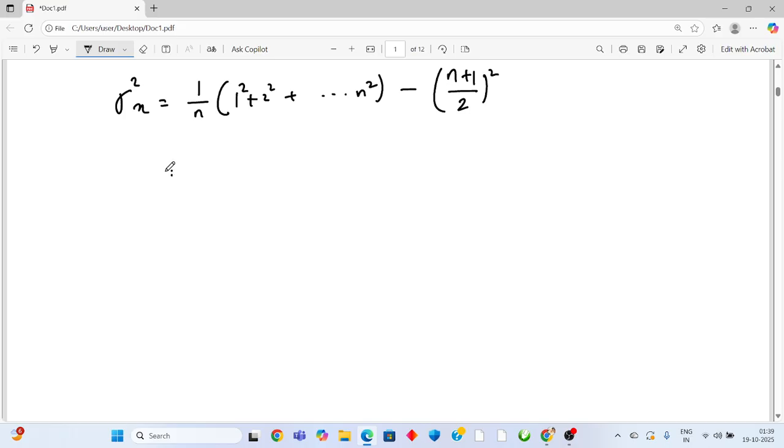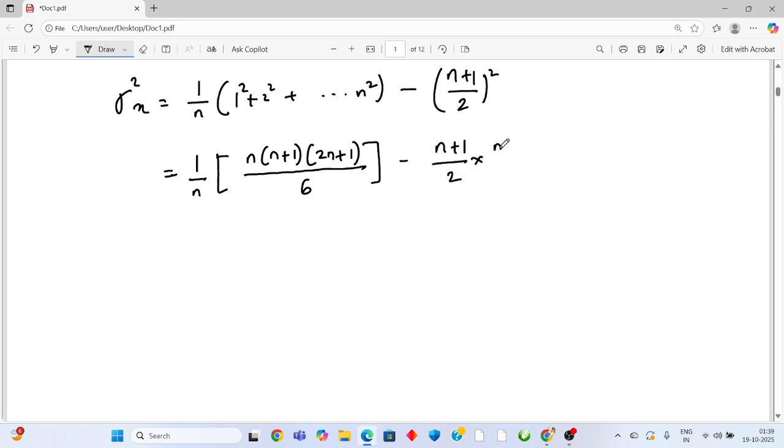So we can write 1 by n times n into n plus 1 into 2n plus 1 whole divided by 6 minus n plus 1 by 2 into n plus 1 by 2.